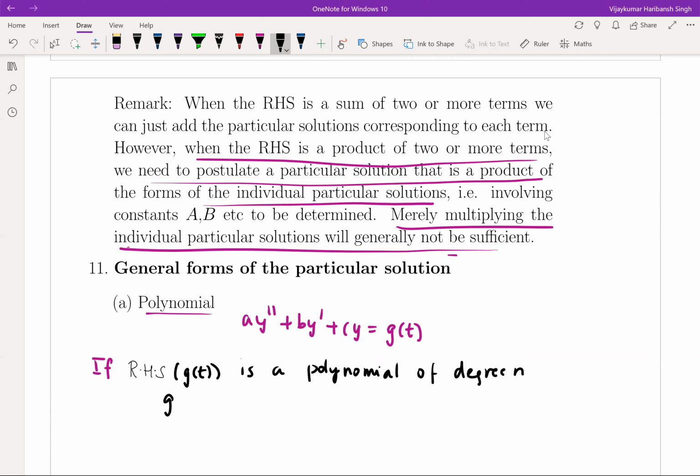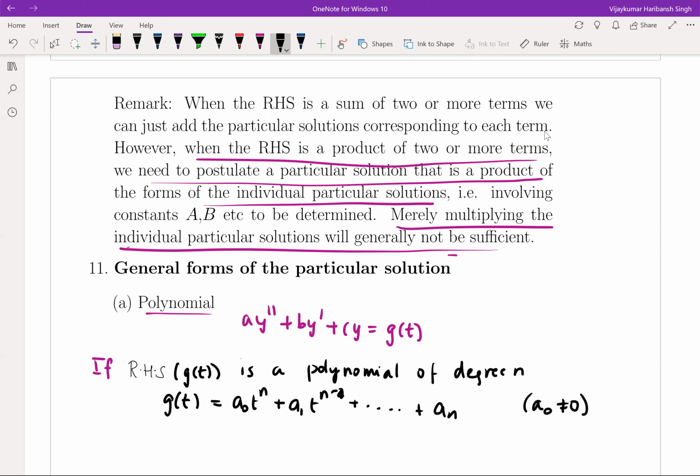g of t looks like a0 t to the n plus a1 t to the power n minus 1 dot dot dot an, where a0 is not 0.